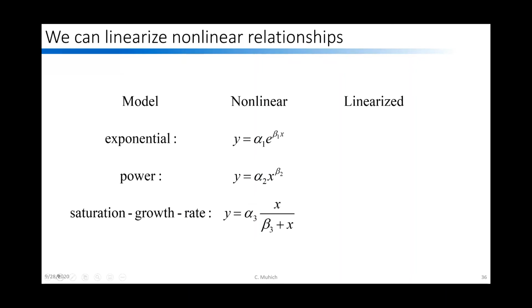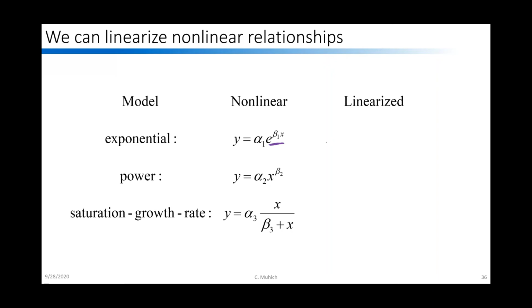So let's look at 3 different models of systems. Here we have our exponential, y equals alpha e to the beta x. And we can think about how we might want to turn this into a linear equation. Well, what you'll notice is the thing that's holding us back from linearizing this equation is this exponent. We can get rid of that exponent, of course, by taking the natural log.